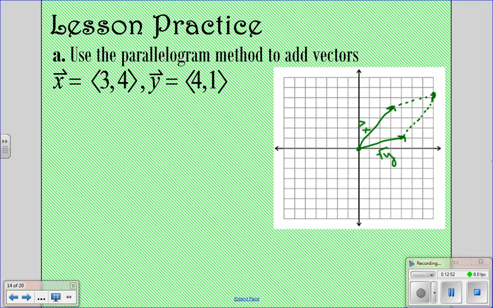And so that makes your parallelogram. And then the sum of them, you start at the origin and you go diagonally to where they meet, which is right here. And so we go over 1, 2, 3, 4, 5, 6, 7, and then up 1, 2, 3, 4, 5. So the sum is going to be 7, 5. So that would be using the parallelogram method.